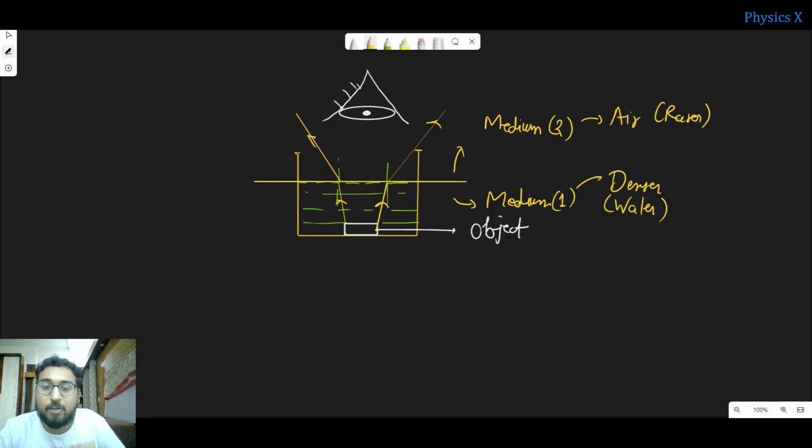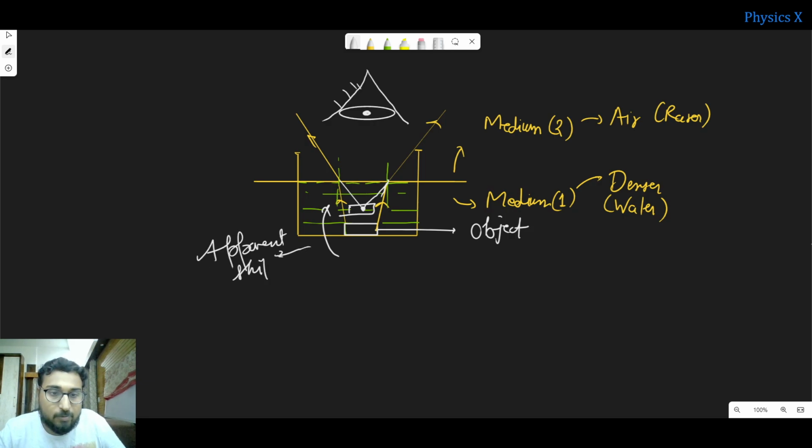Consider your eye is above this, so you can better understand this. Now if I back trace these, it will be somewhat like this. Here they will be meeting. So again there is a shift. This is an apparent shift again, and this was your real position.